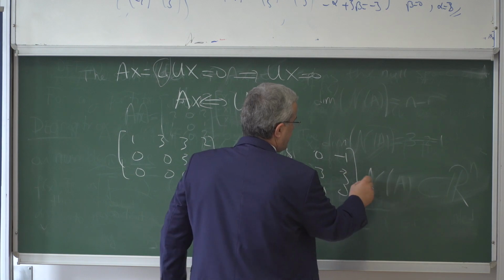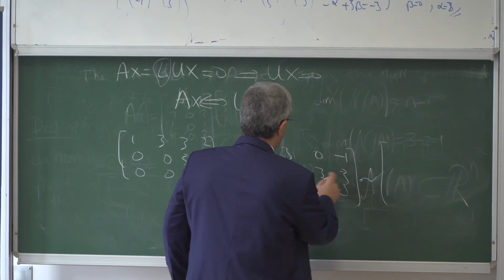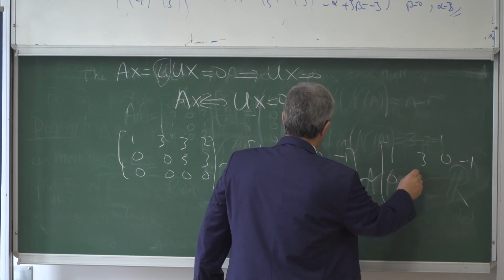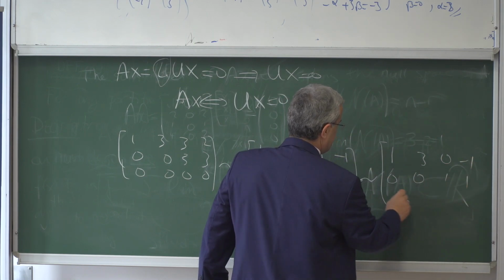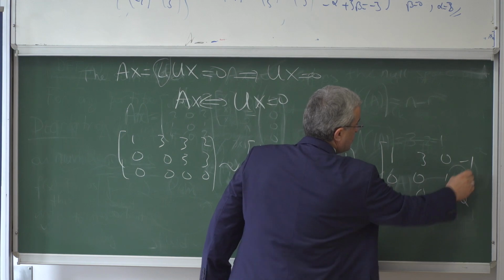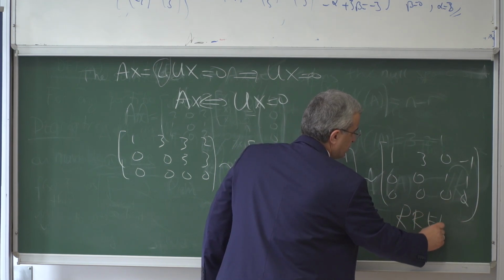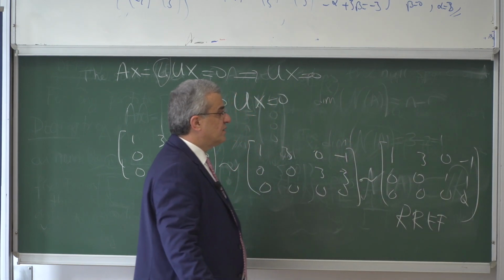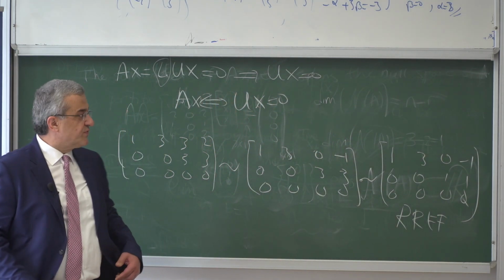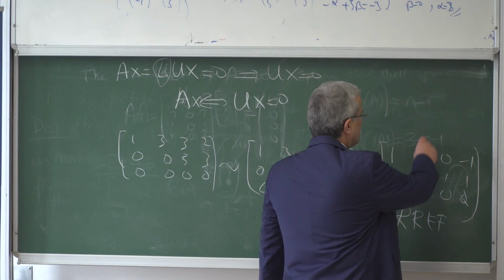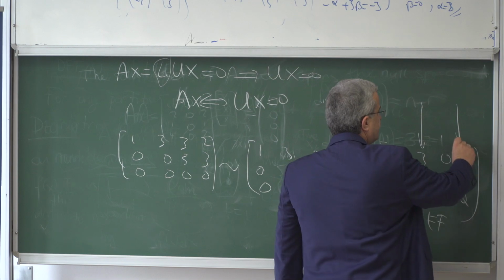I can also divide this by 3, and I would obtain 1, 3, 0, minus 1, 0, 0, 1, 1, 0, 0, 0, 0. So this is called row reduced echelon form, okay? So it is now much easier. So you have here, which were the free columns? So these were the free columns.